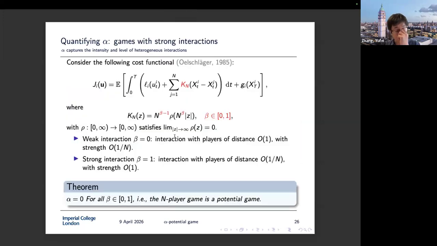For example, you can consider this case, which is motivated by an application in automated driving. Each player's state is essentially the position of their own car.